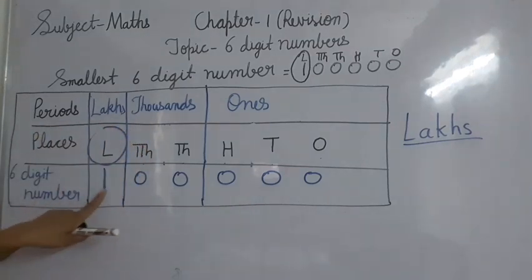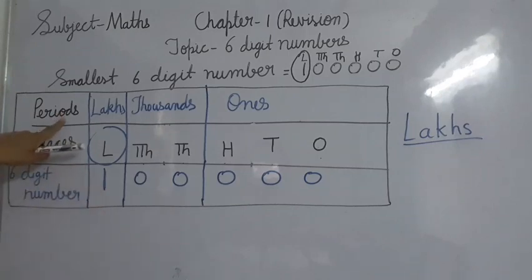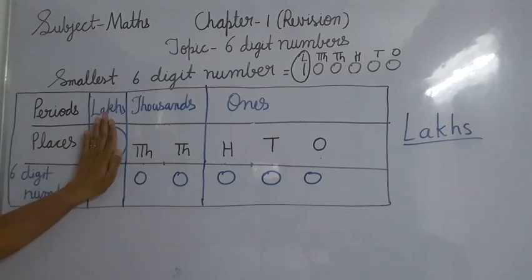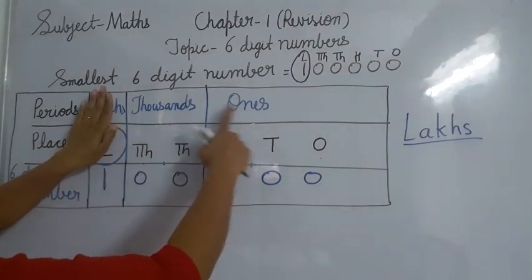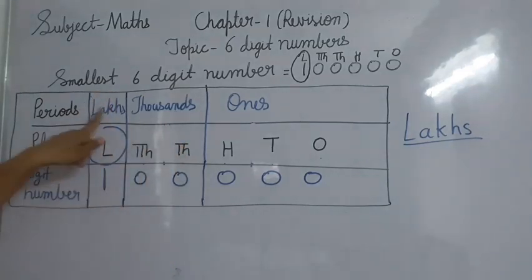Now how many periods are there? In a 5 digit number we have only 2 periods, ones and thousands. Now we have a 6 digit number, so I am introducing one new period, the lakhs period.